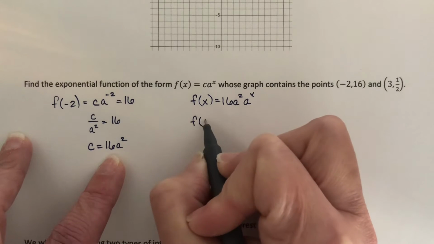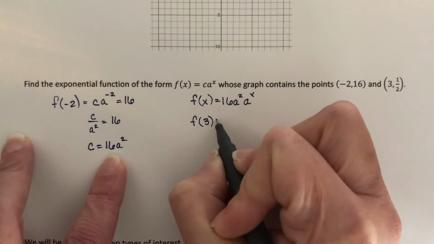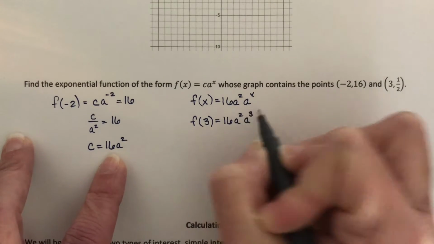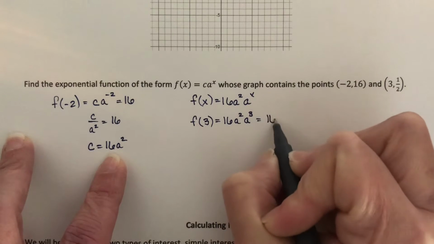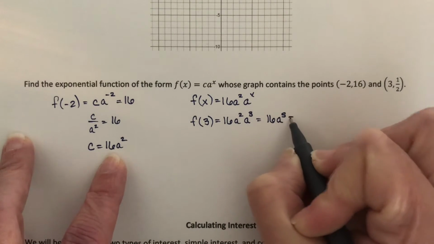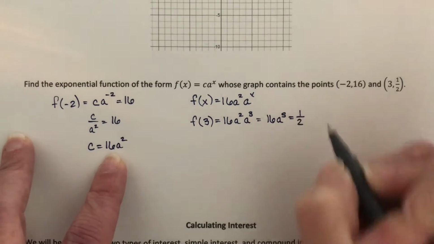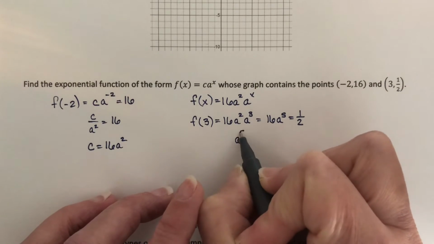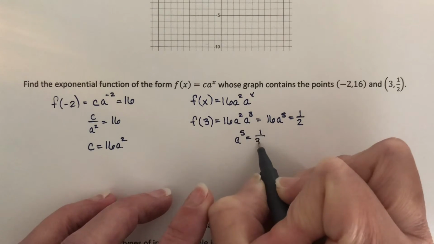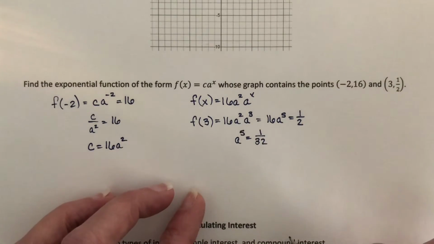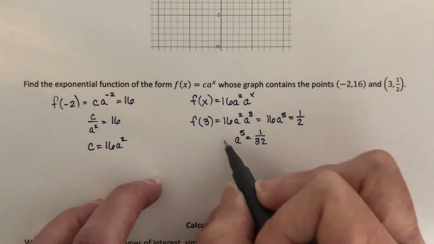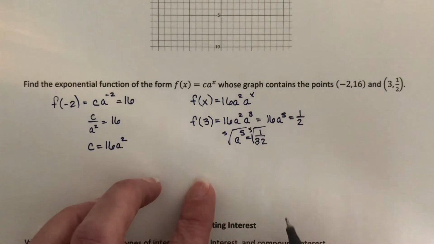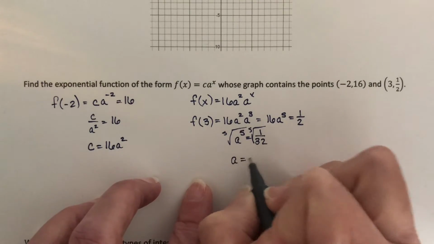So f of 3 is equal to 16a squared times a cubed, which is 16a to the 5th, and that has to equal 1/2. If you divide both sides by 16, you get a to the 5th is equal to 1 over 32. Take the 5th root of both sides. It's an odd root, so I don't have to worry about a plus or minus. And I get that a must equal 1/2.